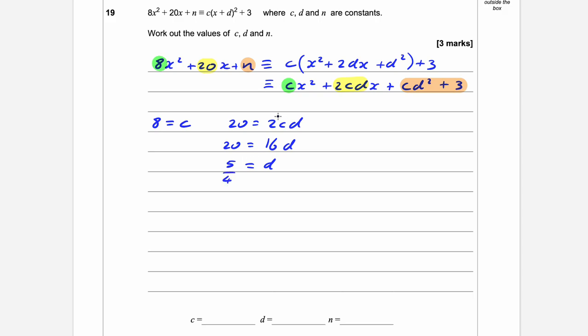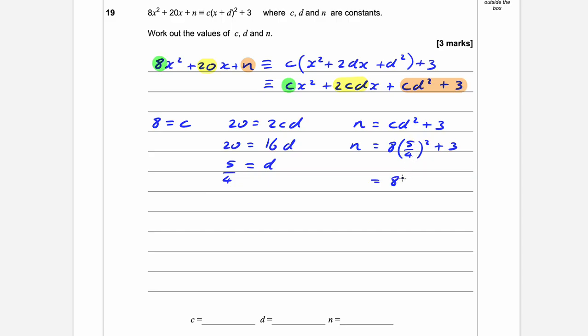And then finally, n equals cd squared plus 3. Now we have c and d. C is 8, D squared is 5 over 4 squared, plus 3. That's 25 over 16.